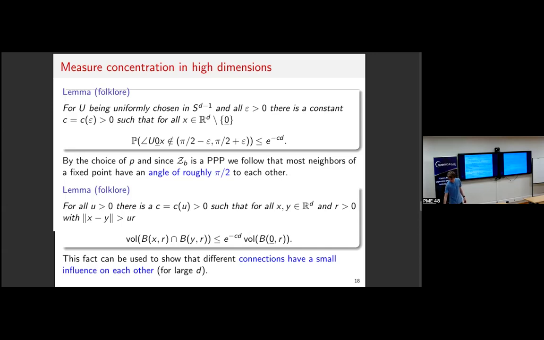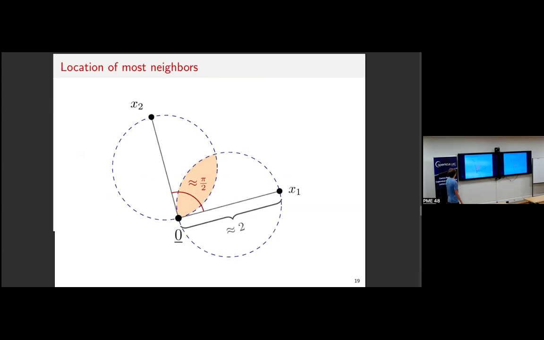So I also summarized this in this picture. Here you have the typical point and two black neighbors. They are at roughly distance 2 from the typical point. And the black neighbors are at roughly 90 degrees to one another. And here I've drawn the Gabriel balls to make it a bit easier. The Gabriel balls will have some intersection here.